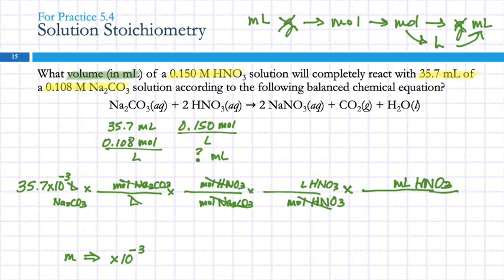Question. Yes? So we were able to just change it to 10 to the -3 in the beginning. Why did we not do that and just make the milliliters of... Why not just put times 10 to the -3 here? Does that mess it up?